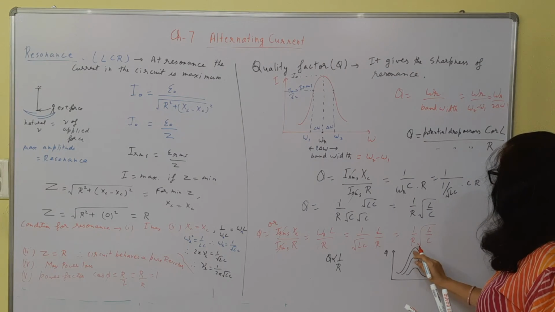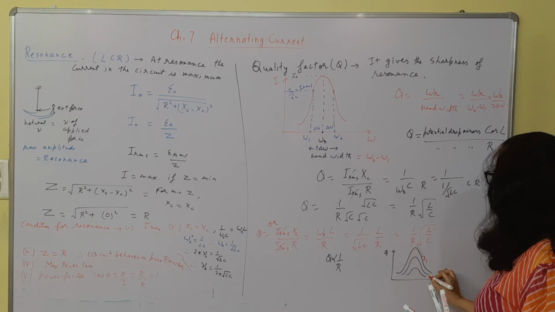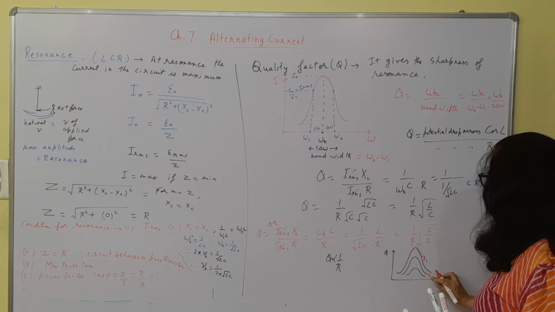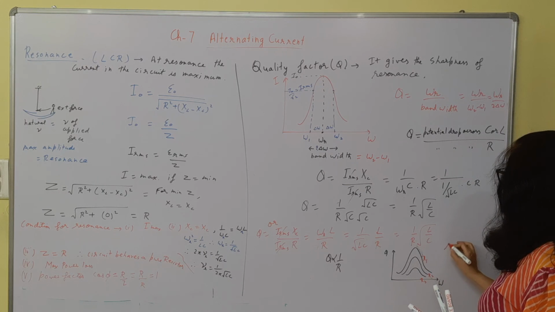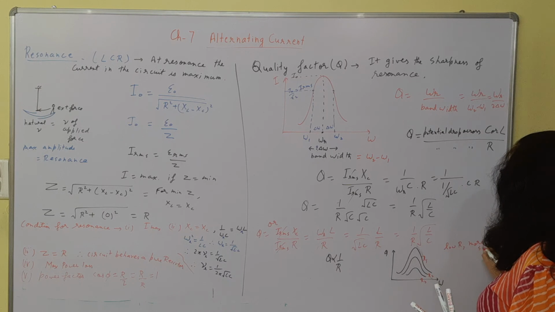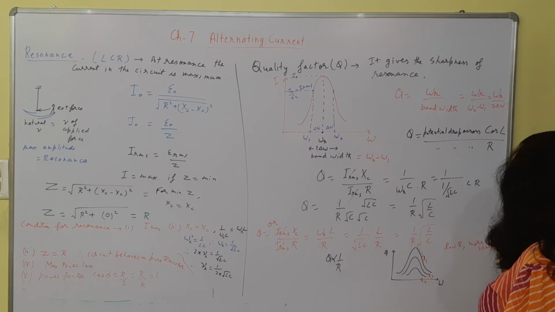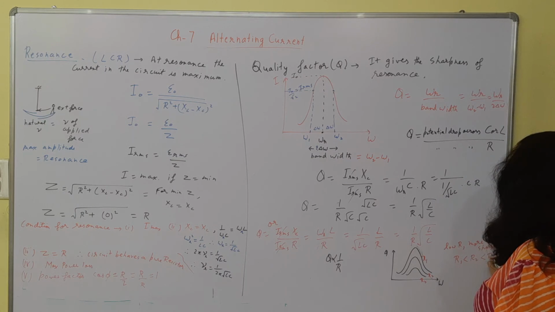So if the sharpness is more, that means the resistance must be less. So low resistance, more sharpness, which means R1 is less than R2 is less than R3.